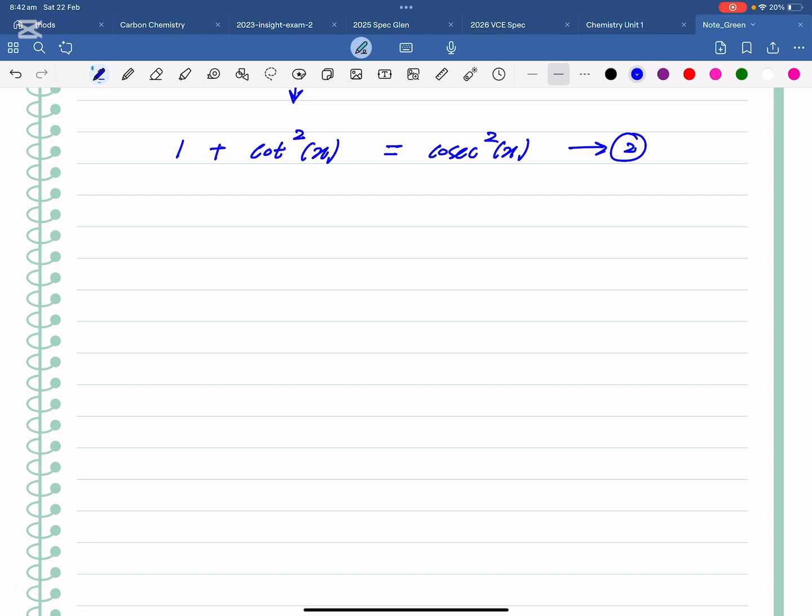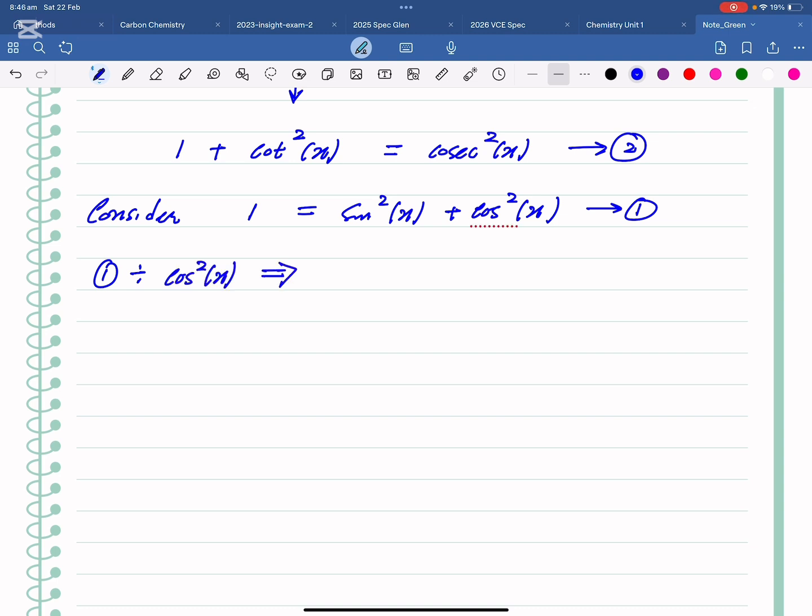So again consider 1 is equal to sin squared x plus cos squared x. Earlier we divided this by sin squared. Now this is our first equation, and we divide by cos squared x.